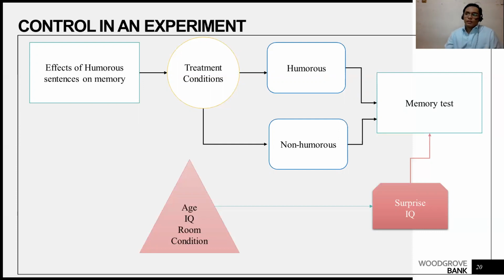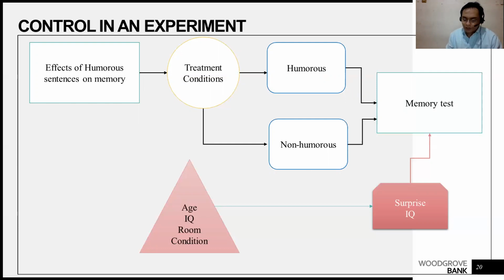The main concern of Schmidt is that maybe age, maybe IQ, or maybe the room condition can affect the results of the experiment. By the element of control, on the age, he had a restriction on age. So he controlled the age group of the participants. He failed to determine if IQ can influence the results of the memory exam.